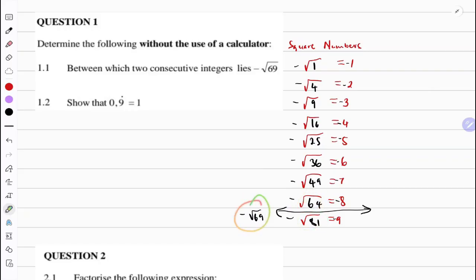So this radical lies between negative 8 and negative 9. So for 1.1.1, we can say that minus square root of 69 lies between minus square root of 64 and minus square root of 81, which implies that it lies between negative 8 and negative 9.